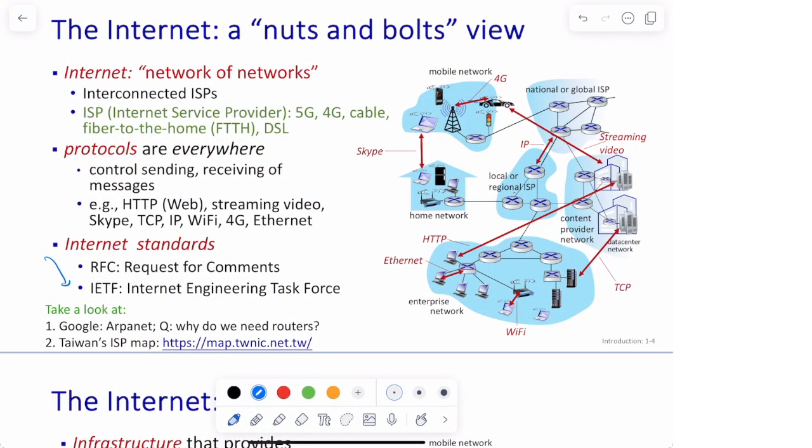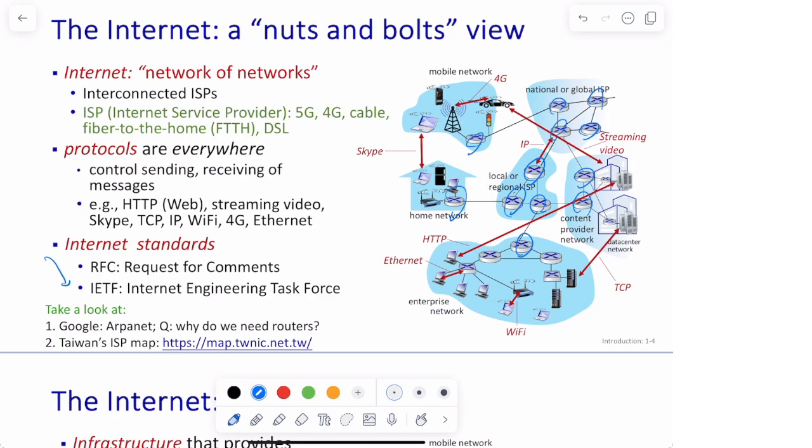Very similar, let's take a look at the picture at the right hand side. That is the reason why we have so many routers in the internet, because those routers are very similar. They help all the small networks to connect with each other.